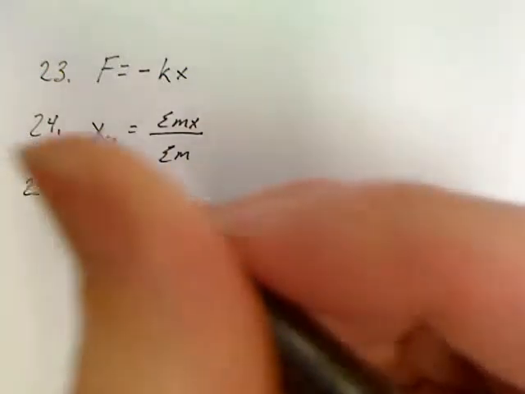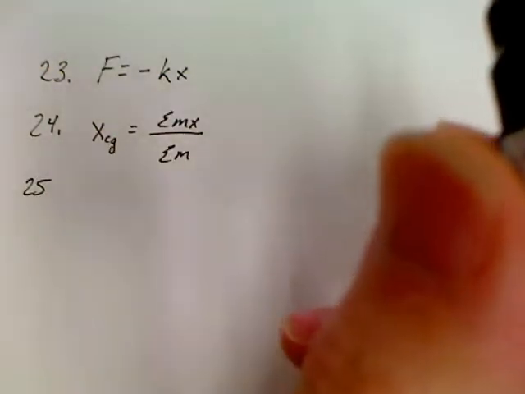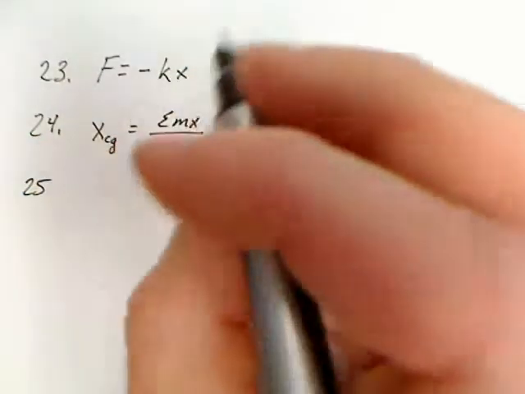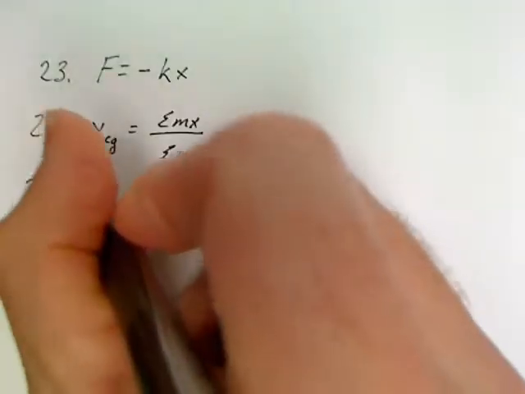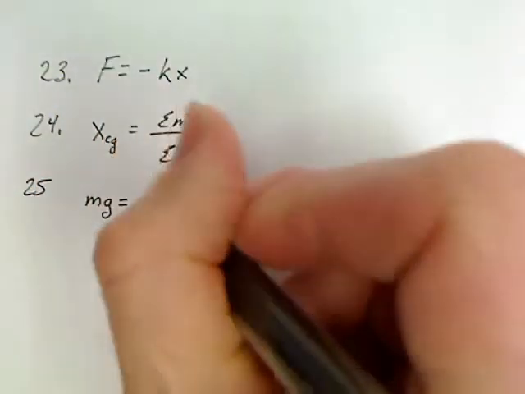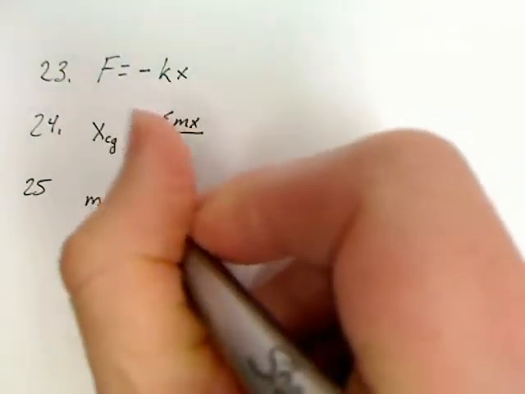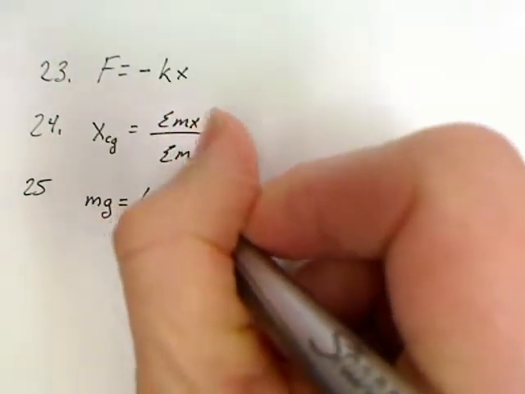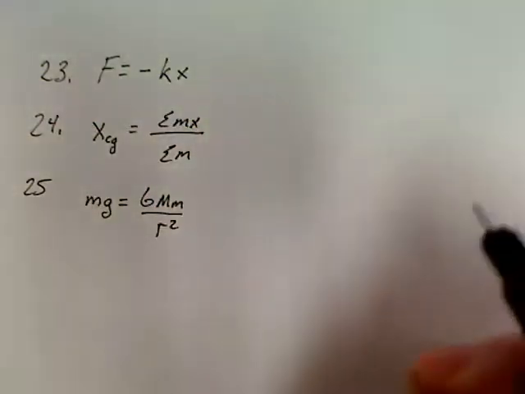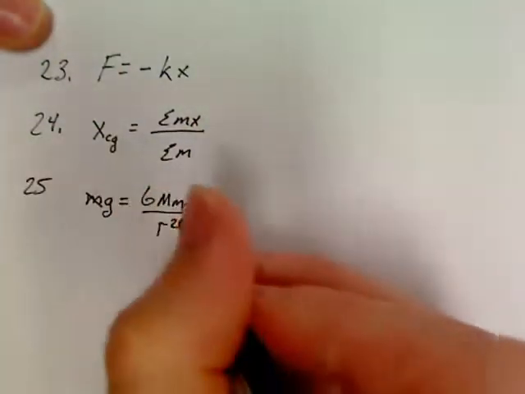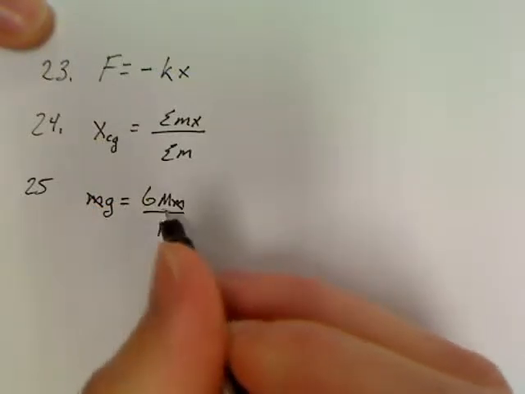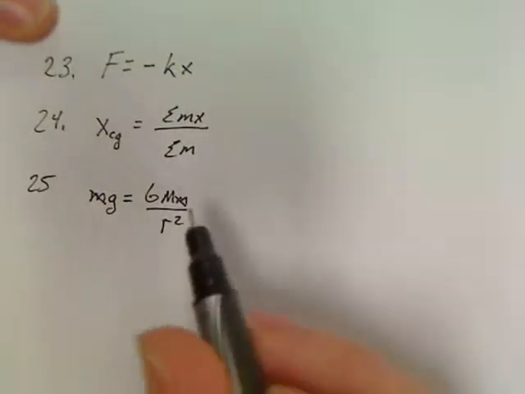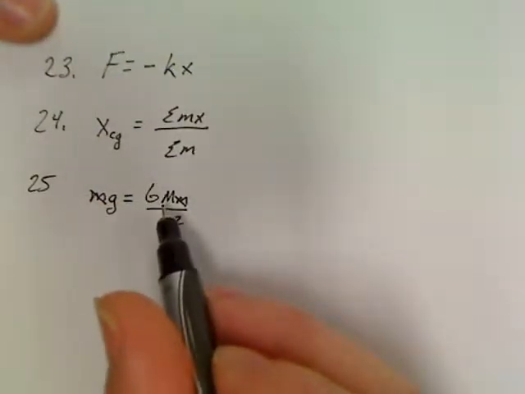25 is just like number 9, except here you've got different planets with different mass and radius. Once again, here's your setup equation. mg equals big G m M over r squared. The little m cancels. Now, if the planets have the same mass, that M is a constant.